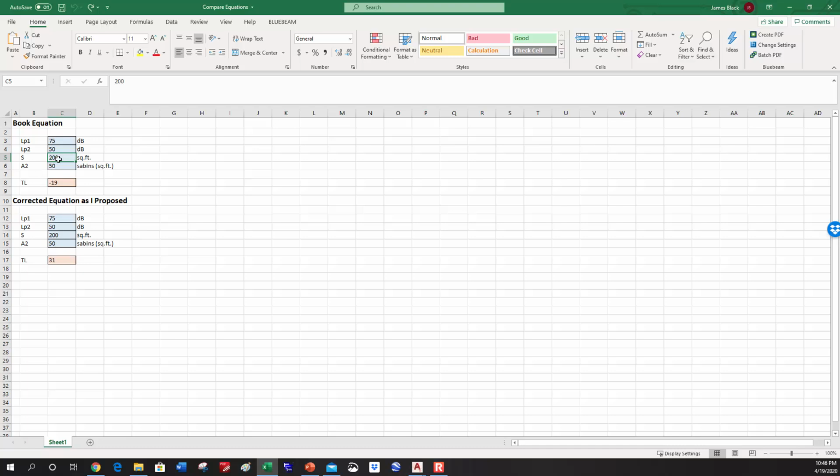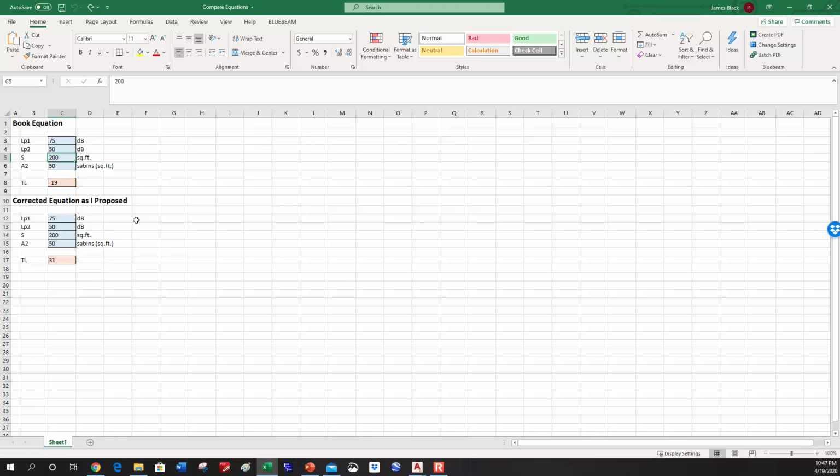Now, if we increase the area, but the receiving room is the same amount, then let me make sure I say this in the right way. If we increase that area, it means more sound is going to go through, right? Remember the sound intensity, the watts per meter squared, all of that. If we have a bigger area, and that sound pressure level from the source room is the same all over it, we're letting more sound through.